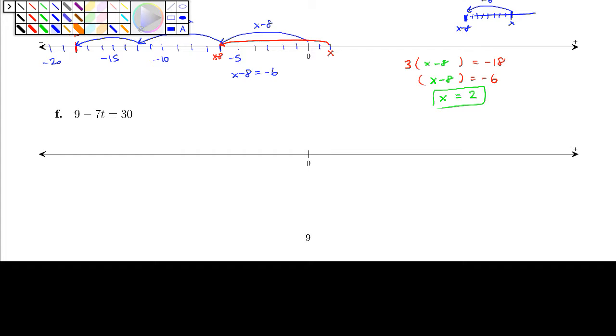So if I start at 9, and I don't know how big t is, say that's t. If that's positive t, then that would be negative t.